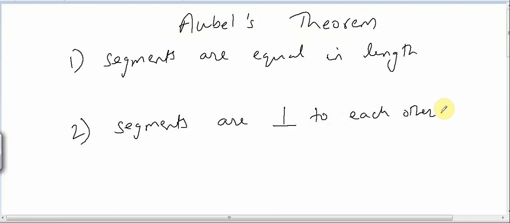And that will be the proof of the theorem. So let us begin with the first part. The segments are equal in length.